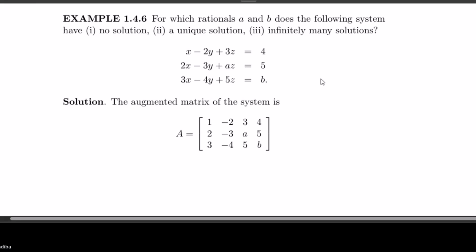Then I said, please remember the conditions, taking into account the conditions for number 1 and number 2. So I requested you to take it further so that we can then talk about Roman figure number 2, when the system will have a unique solution.